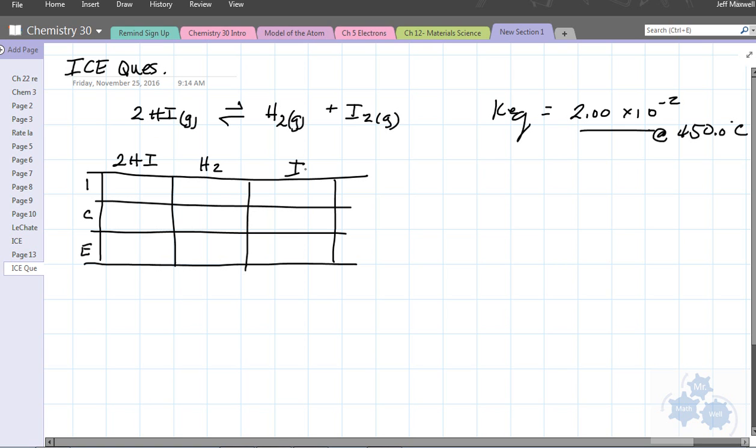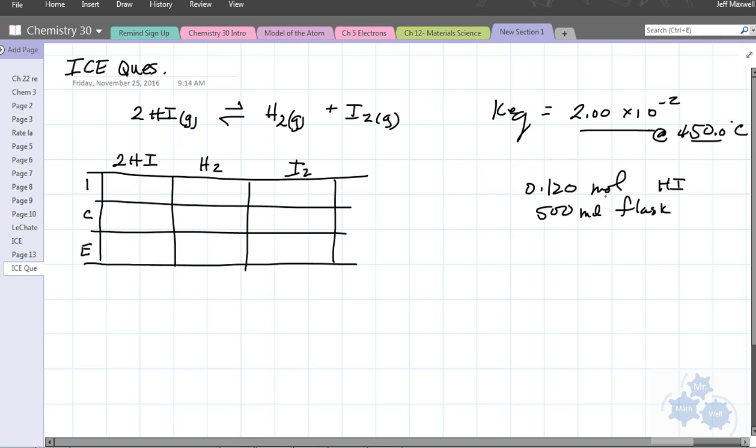H2, I2. Now the question says we're going to place 0.120 mole of HI in a 500 milliliter flask at 450 degrees and allow the reaction to reach equilibrium.